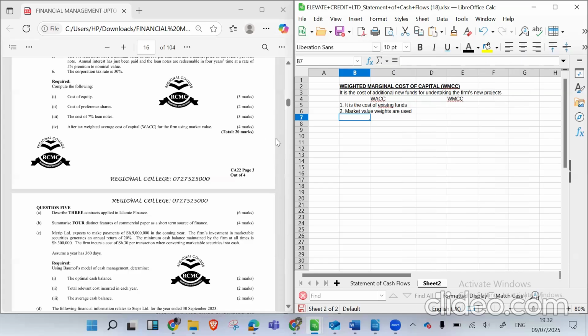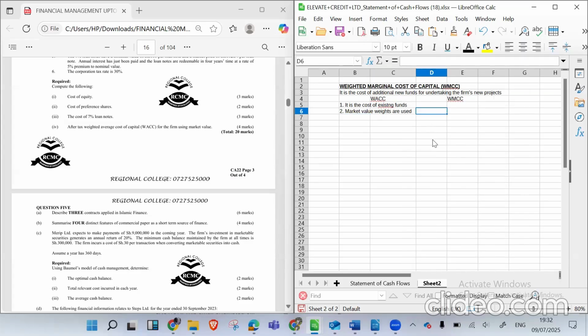Number of ordinary shares times the ex-div market price per share; number of preference shares times the ex-div market price per share; the number of debentures times the ex-interest price to get the market value.